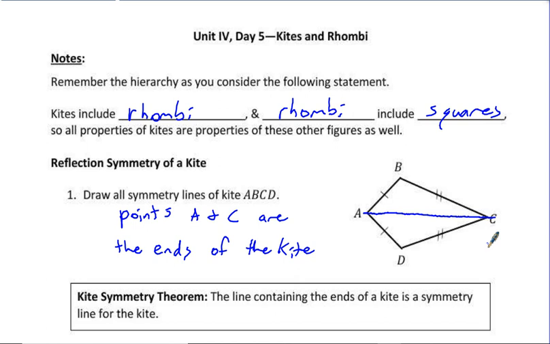The kite symmetry theorem says that the line containing the ends of a kite is the symmetry line for that kite.